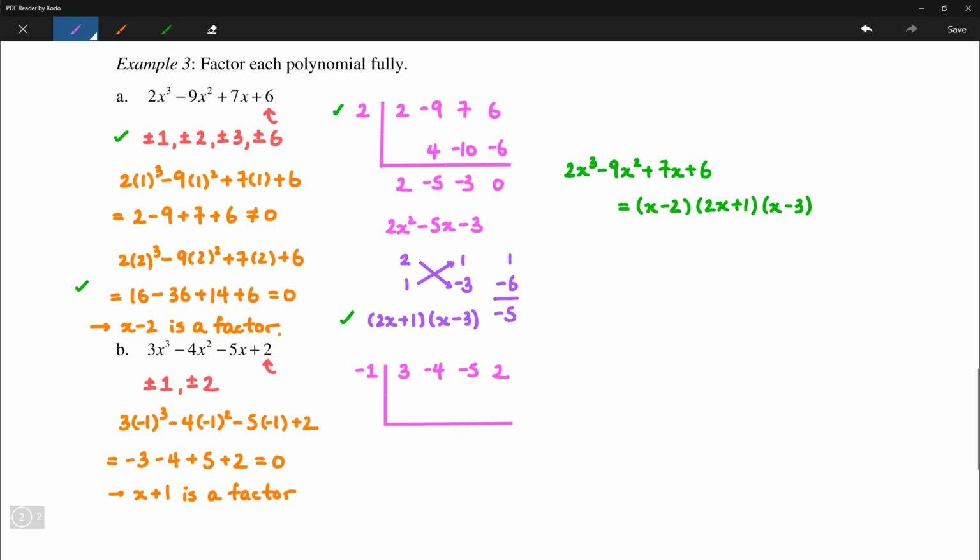Since x plus 1 is the same as x minus negative 1, so that's the number that we will use. So synthetic division, carry the 3 down. Negative 1 times 3 is negative 3. Negative 4 plus negative 3 is negative 7. Negative 1 times negative 7 is 7. Negative 5 plus 7 is 2. Negative 1 times 2 is negative 2. 2 plus negative 2 is 0. So that works. And our quotient is 3x squared minus 7x plus 2.